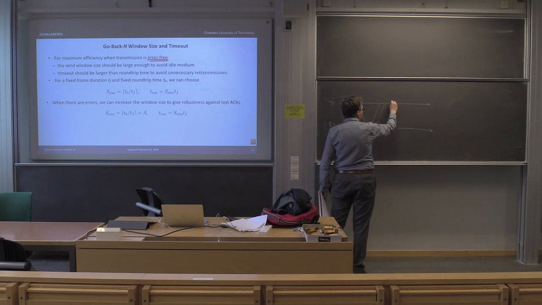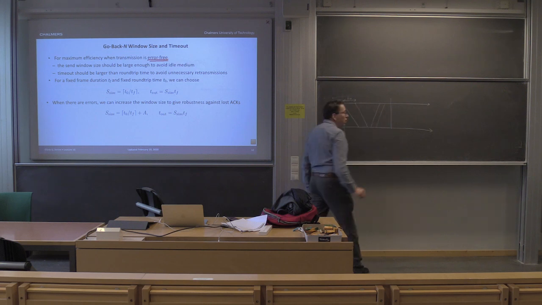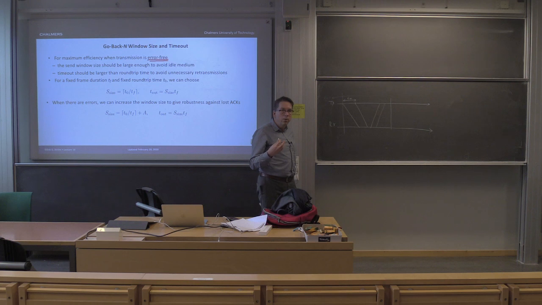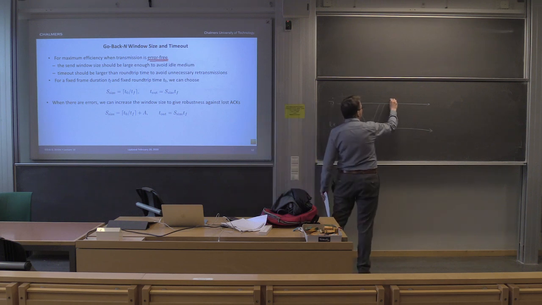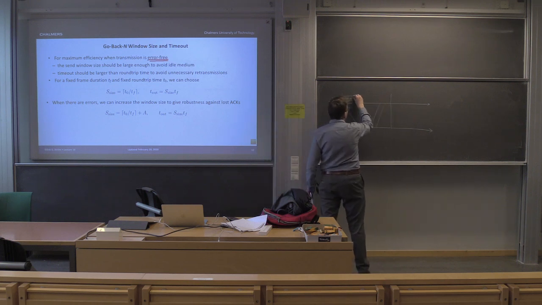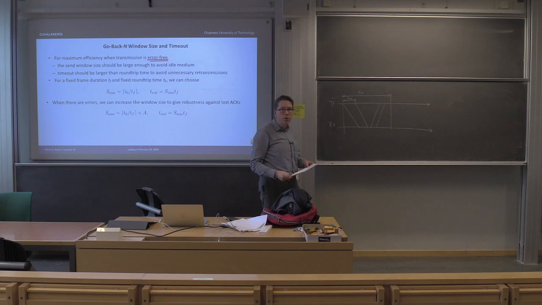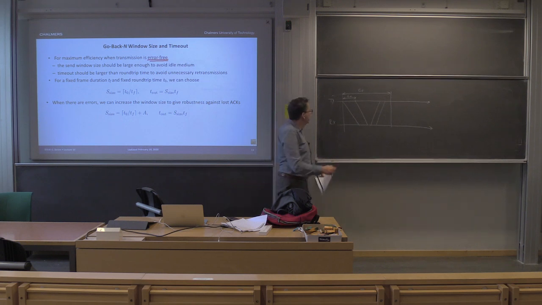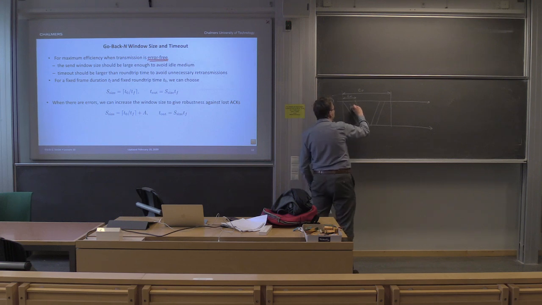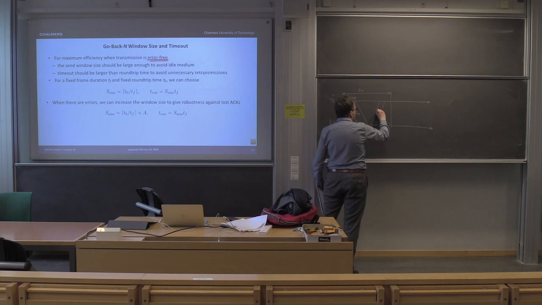And then that's processed, and at this point in time, this is what we defined as the turnaround time or reaction time in the stop and wait situation. So this is the same thing in Go-Back-N also. So here we have an information frame, and here we have an ACK frame.